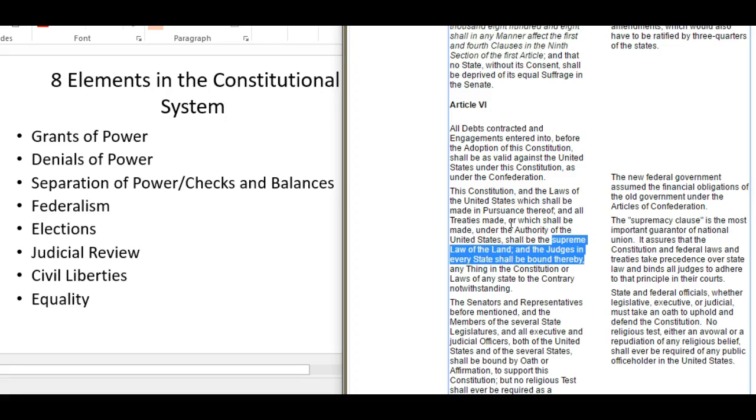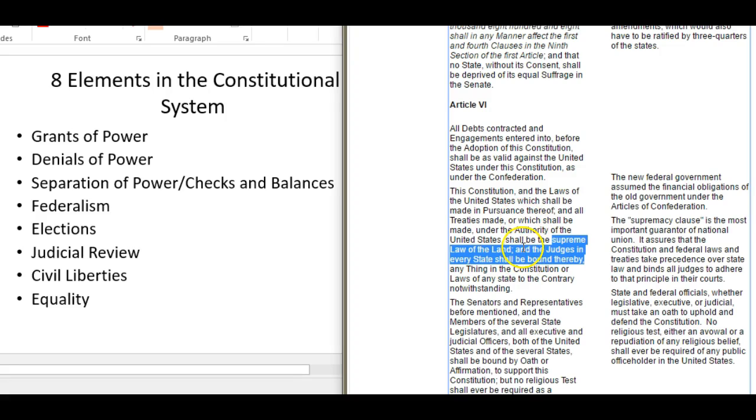Now, this Supremacy Clause does not mean that every federal law is supreme to every state law. It does not mean that. If it meant that, we wouldn't have a dispute over differing state and federal laws on marijuana. It does mean that the Constitution is supreme over all state laws.